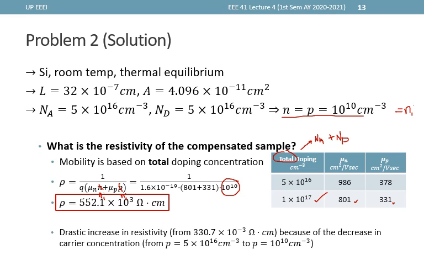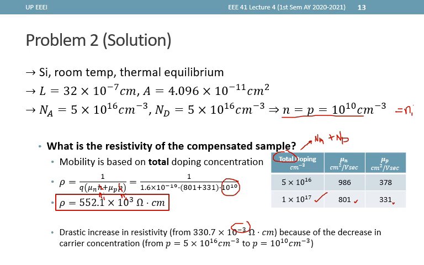And we just note that we have a drastic increase in resistivity. So from the previous problem, the resistivity was 330.7 times 10 raised to minus 3, but now it is something raised to 10 raised to 3.